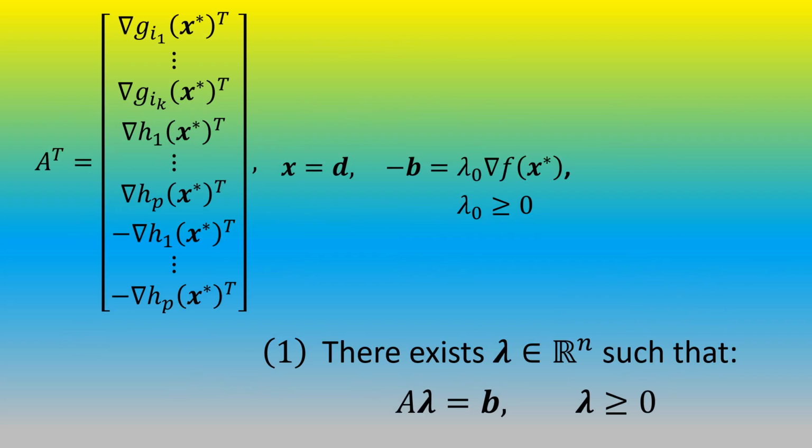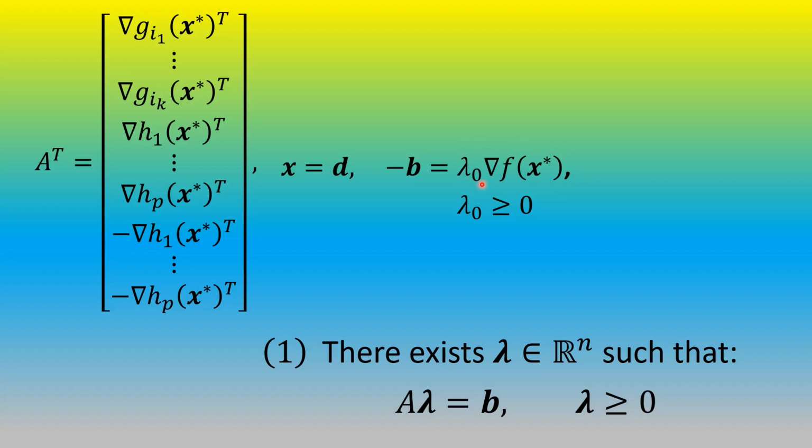In Farkas' lemma, A transpose would be this gigantic vector, or actually matrix, because it's a vector of vectors. x would be d, your feasible directions, and negative b would actually be lambda naught times the gradient of f of x star.